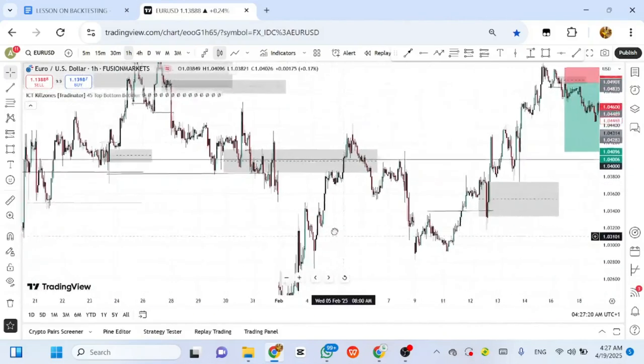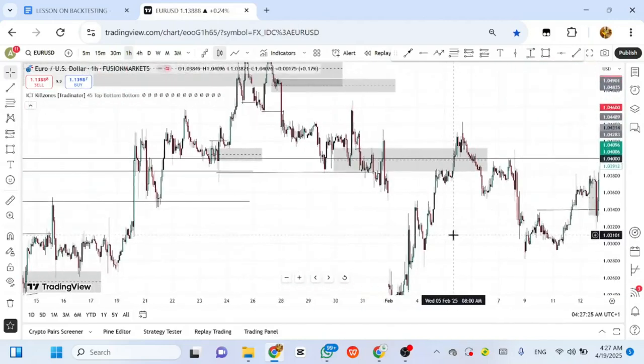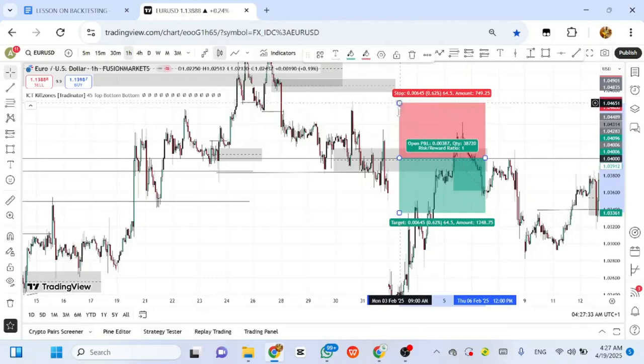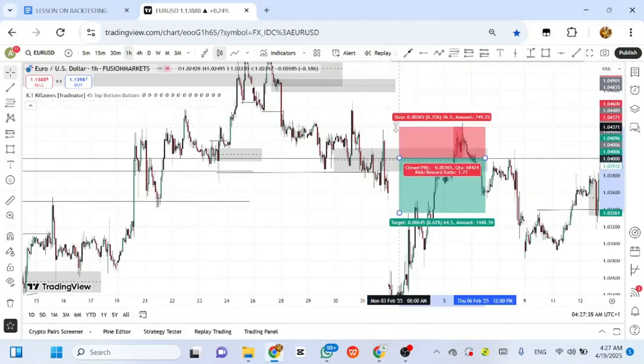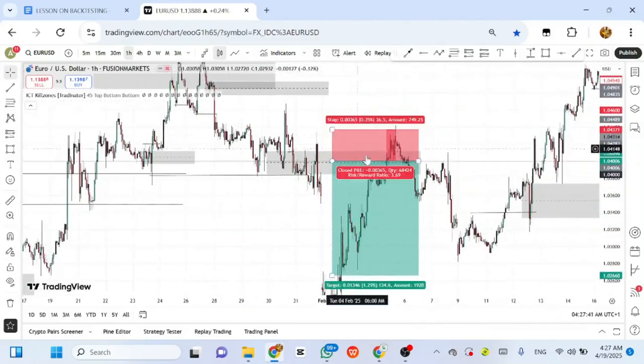Yes, we took a loss. Okay, yes, the loss was from here. We saw this market here, our SL was here, and then it kicked us before running in our direction. So this was the loss we took.